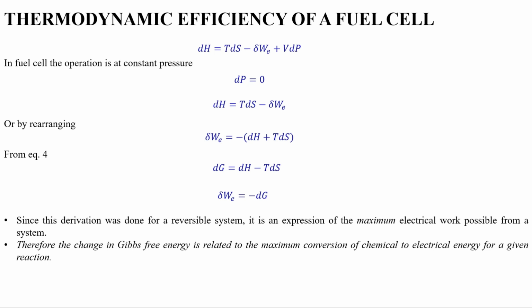It means that the electrical work is due to the change in Gibbs free energy, and for a reversible system Gibbs free energy always decreases. That's why you are seeing the negative sign. This will be the maximum available output, or extracted electrical output, from a fuel cell.